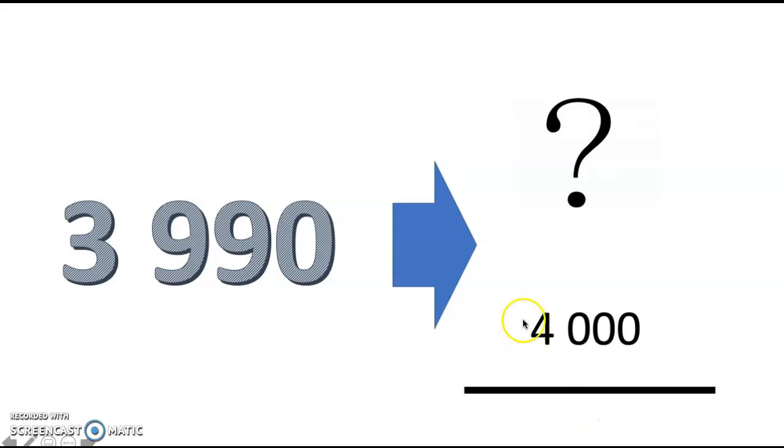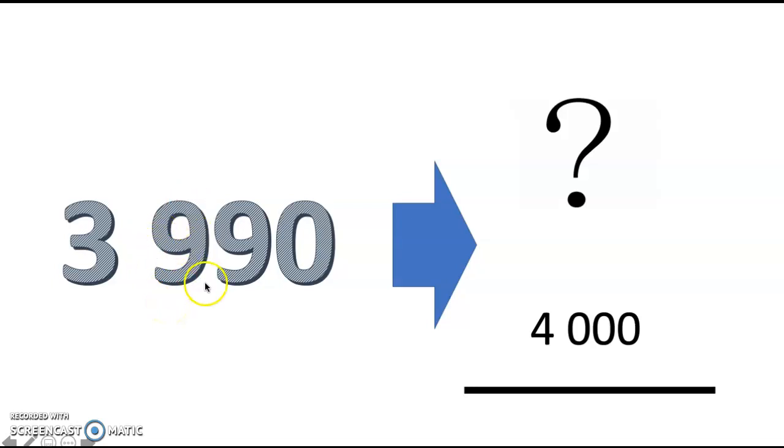This is where rounding can get a little bit confusing, because we have to change everything to zeros and add one more to the next column. If we look here, we have a 9 in the tens column, so we know that we're adding one more to the hundreds column.